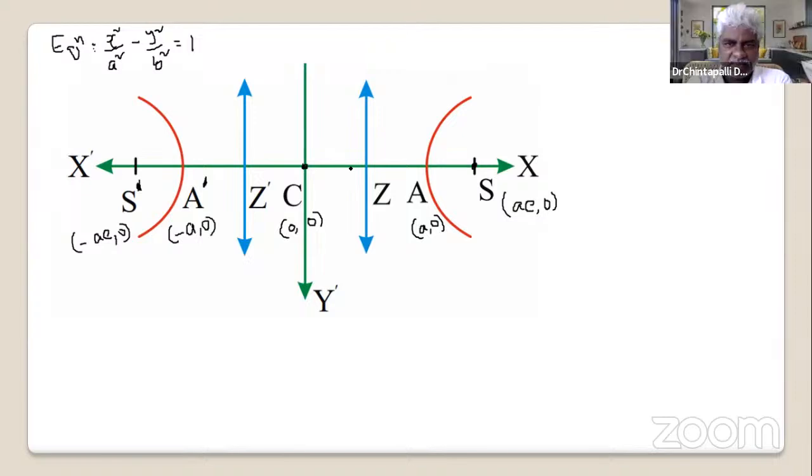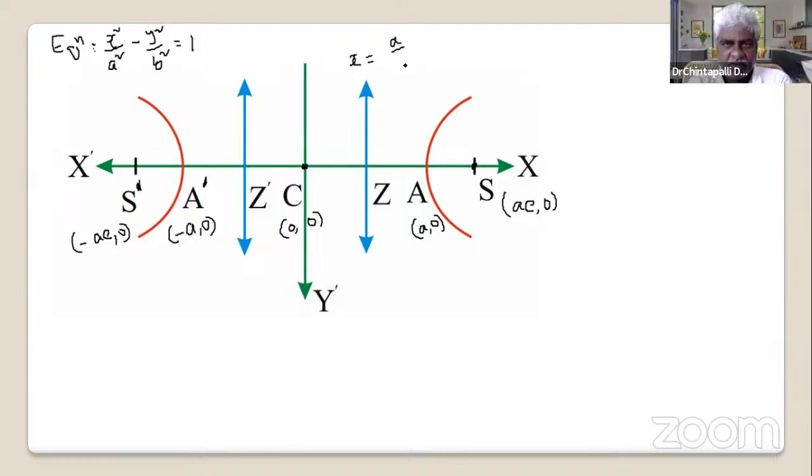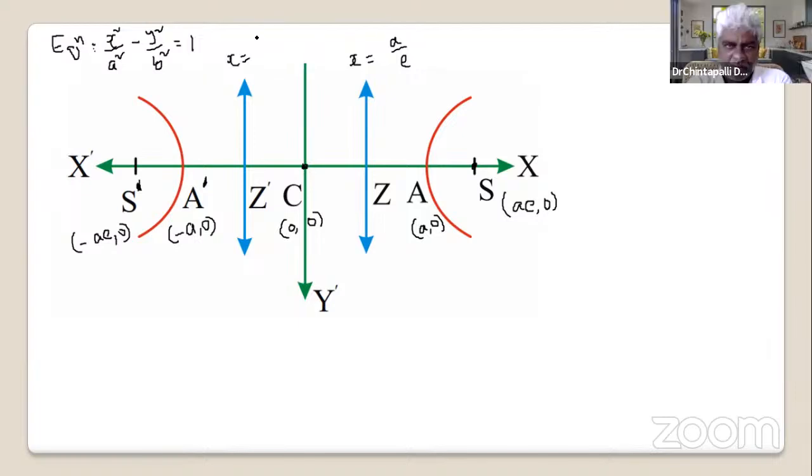Next, this is Z. X is equal to A by E, the same distance. X is equal to negative A by E, right? Do you know how to rotate?